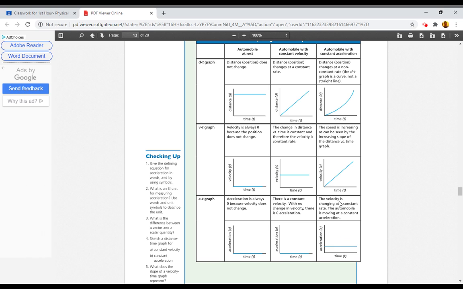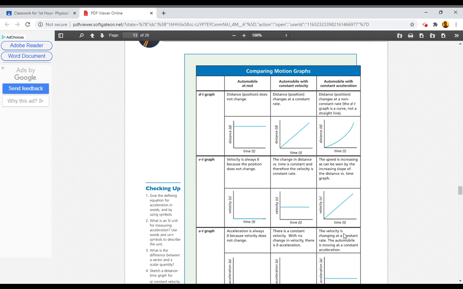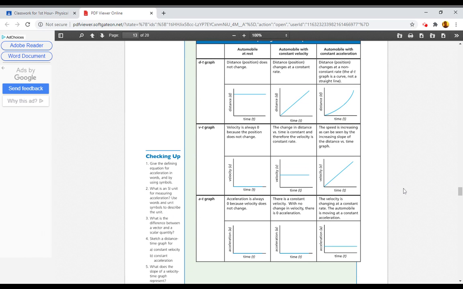For this graph, the speed is increasing as it can be seen by the increasing slope of the distance versus time graph. And then for this, the velocity is changing at a constant rate. The automobile is moving at a constant acceleration. So this was for automobile with constant acceleration.